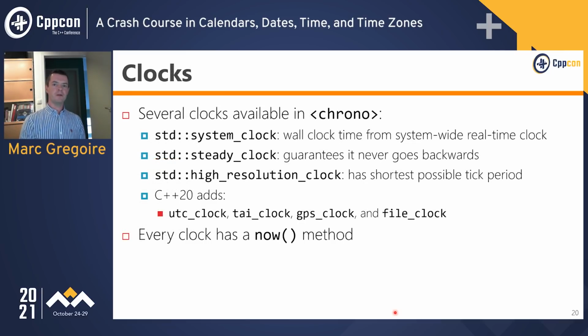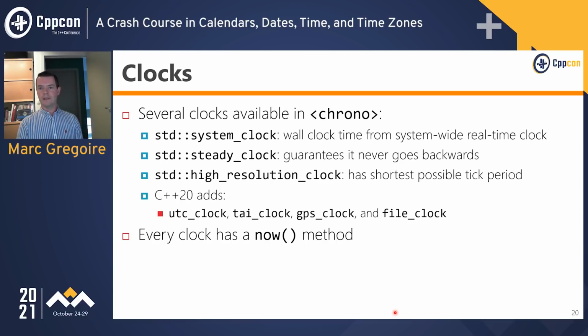The next topic is clocks. The standard defines a number of clocks. First, we have a system clock, which is the wall clock time from the system-wide real-time clock. We have a steady clock, guaranteed to never go backwards. Basically, it guarantees that its time point will never decrease.